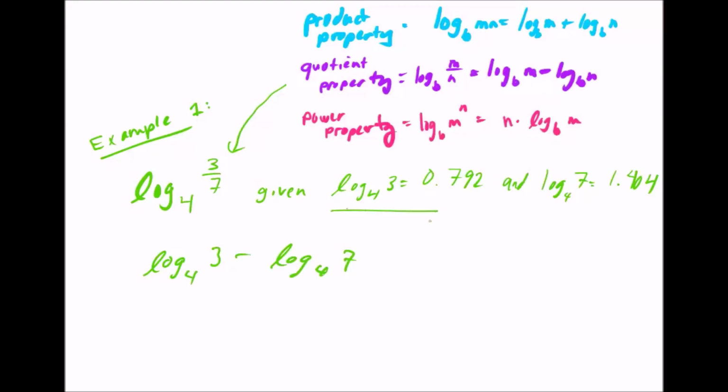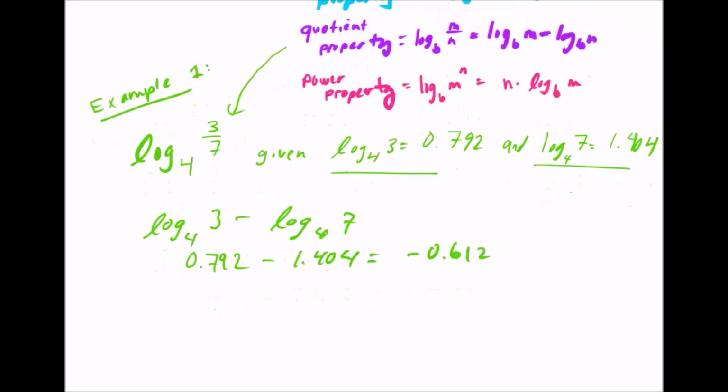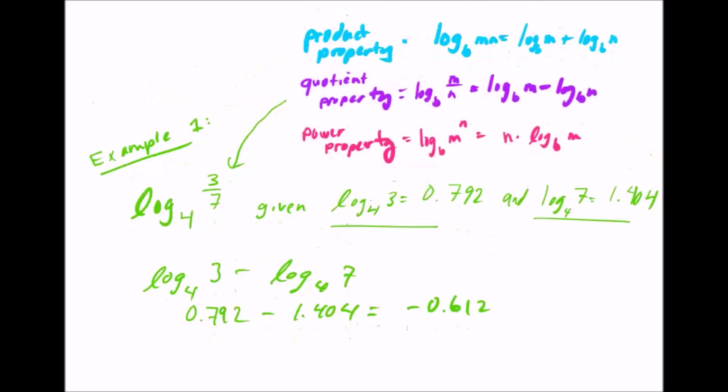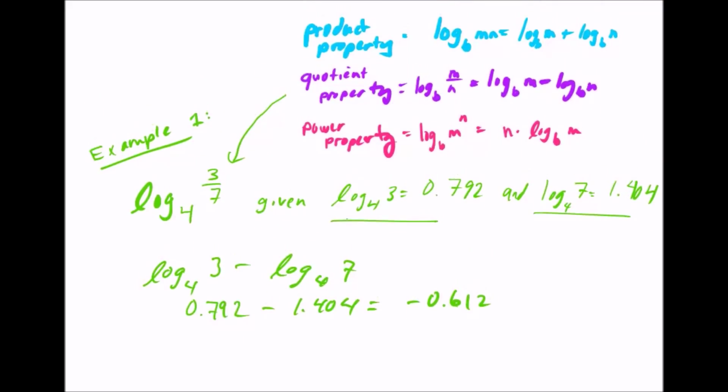It tells us what each of those is, so we plug that in: 0.792 minus 1.404. We calculate our answer: negative 0.612.